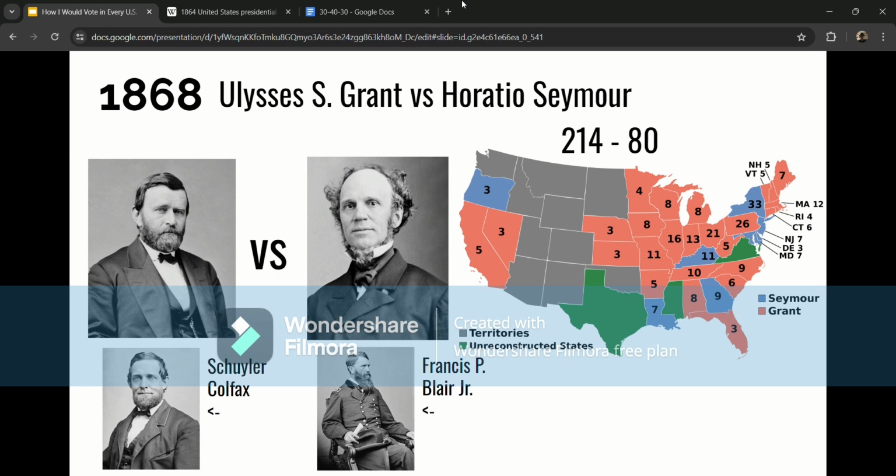Seymour was pretty much just preserve the Union as it is right now. Things are okay as it is. We'll just continue to do things as Johnson has put on there. Versus Grant, who wanted to expand Reconstruction, and as he clearly saw that Johnson was making a disgrace of Reconstruction, expand civil rights and rights in general for African Americans.